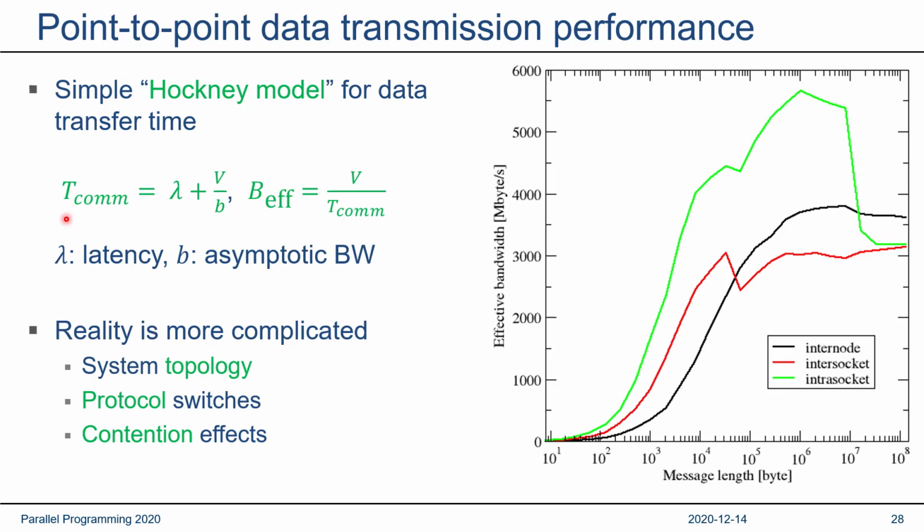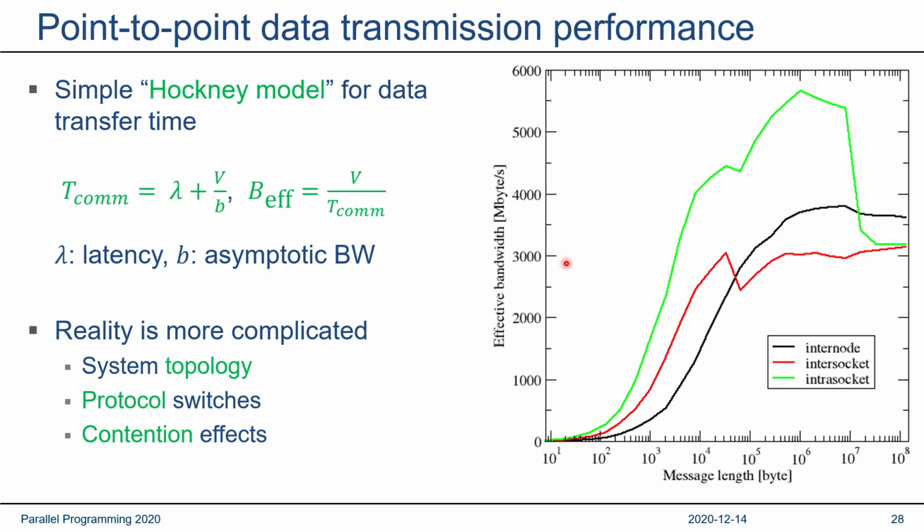This is the time. Now, sometimes when we talk about data transfer efficiency, we also talk about effective bandwidth. And the bandwidth is always data volume divided by communication time. So B effective is V divided by T_com. Now, you've probably done this in the exercises. Here's a simple result from a simple ping pong benchmark on one of the clusters at the University of Erlangen.